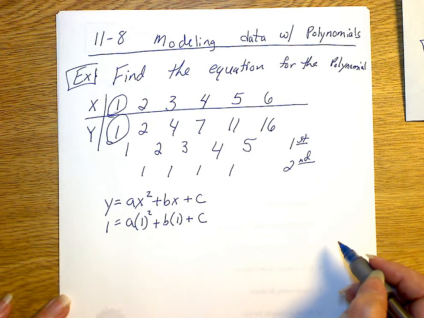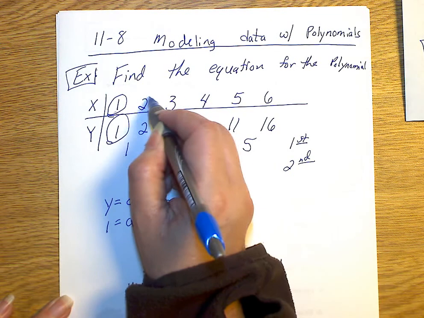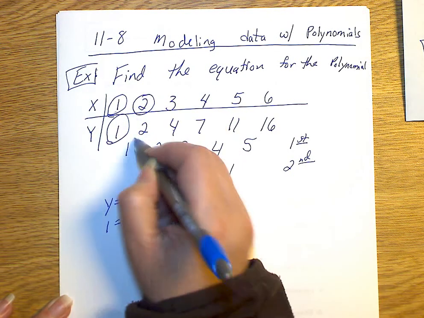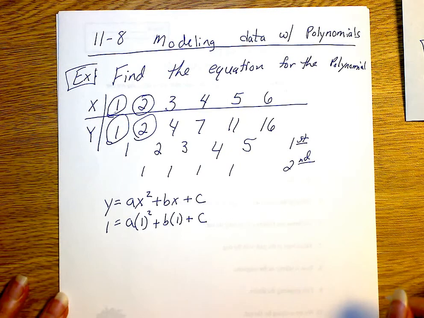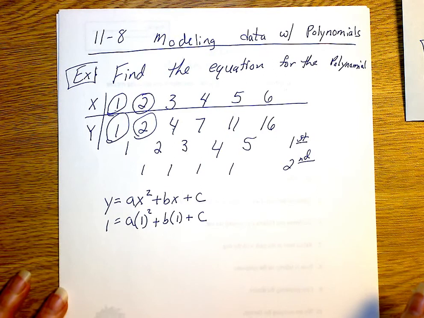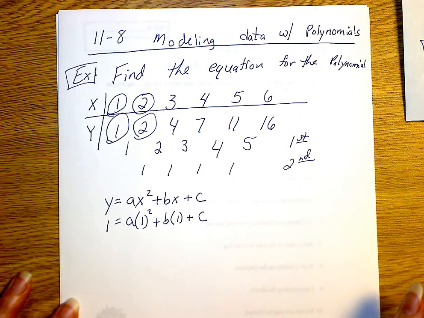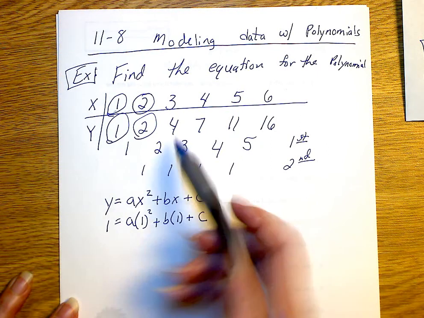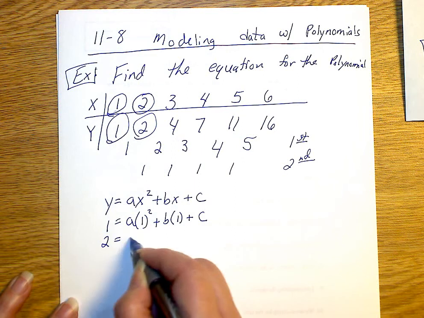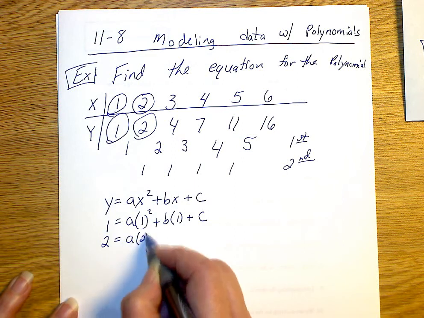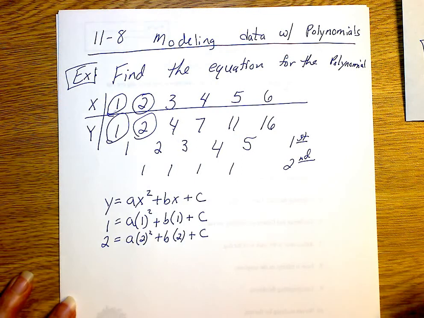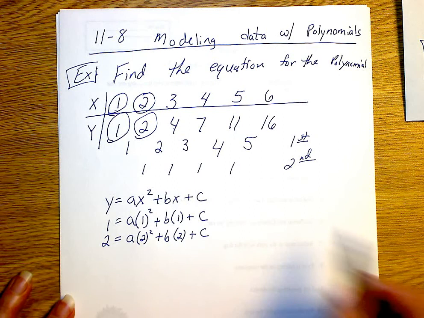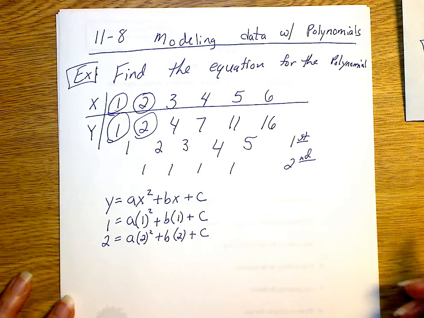I want you now to take your second number, 2 for your x and 2 for your y, and create another sentence. Hopefully you put 2 for y, and then I have a times 2 squared plus b times 2 plus my c. How many did I say we have to have when we have 3 variables? 3.